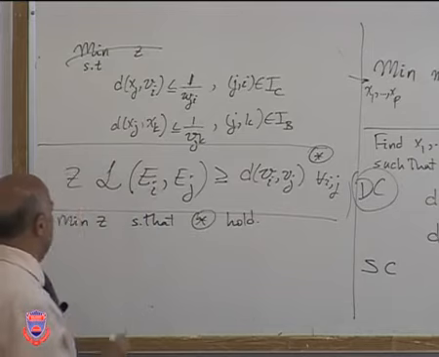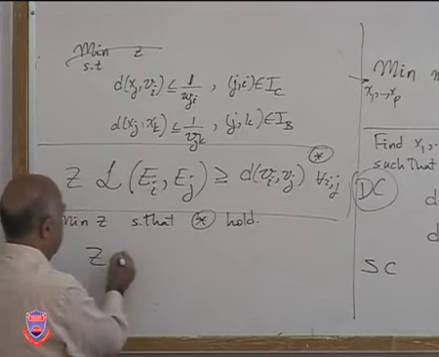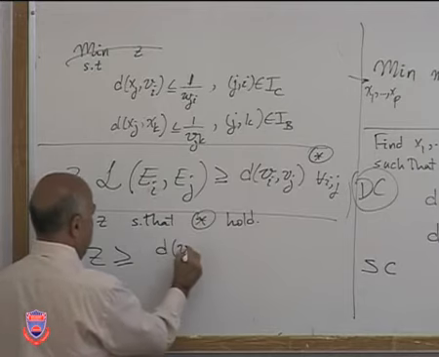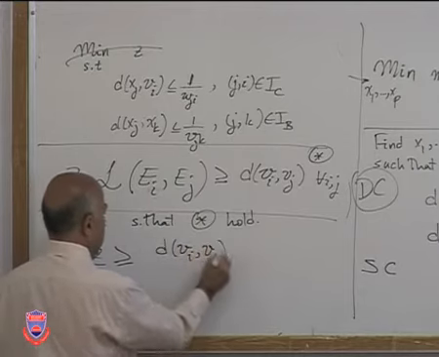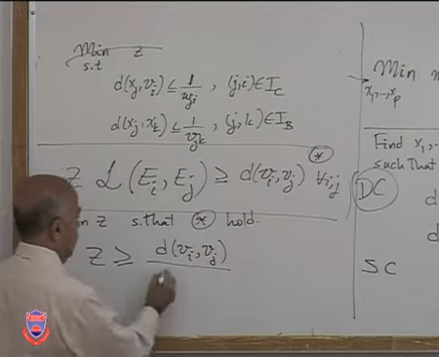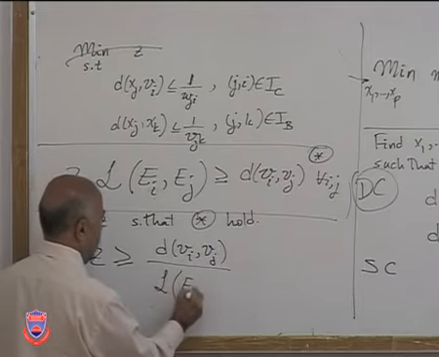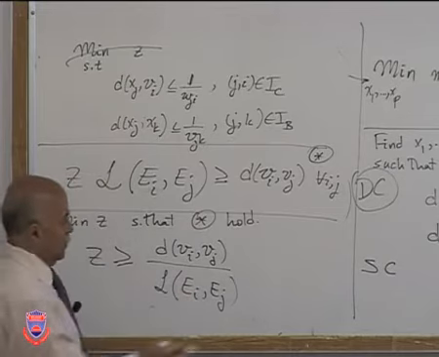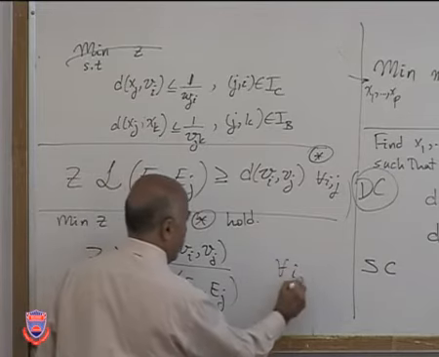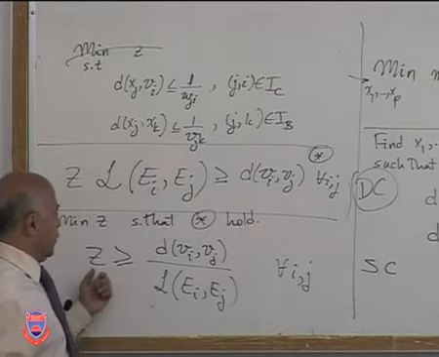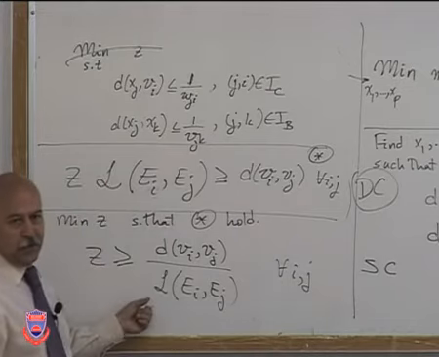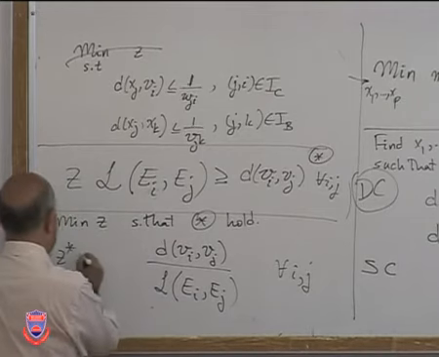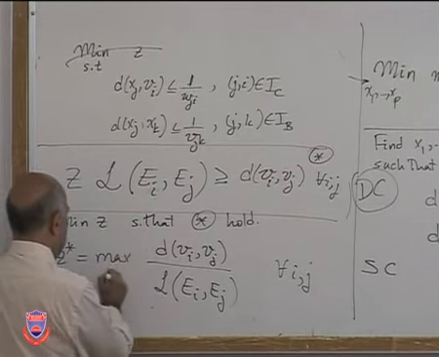Now that is really good, because those inequalities simply tell you that my z is supposed to be greater or equal to each of these numbers, for all ij. So the smallest z I'm looking for should be the largest of these. So your z star, the optimum z, will be the maximum of these numbers.